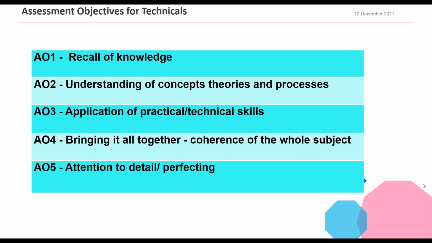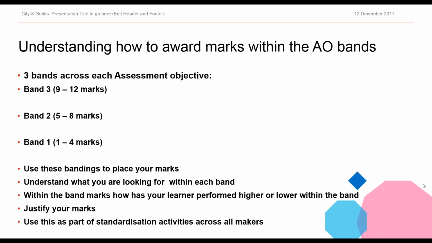AO5 is all about that learner that's got the X factor outcome, that attention to detail. That learner that, yes, can walk the walk and talk the talk, but looks for that attention to detail, that perfection, wants to go the extra mile for that client, looks after that client. So they are our 5 assessment objectives we will be marking to this academic year.